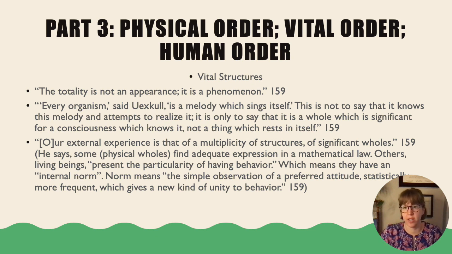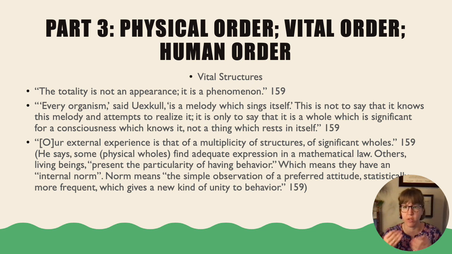So a norm, or an essence in Goldstein's terms, does not need to be this soul, this essence in a metaphysical way. He explicitly says he's not here to establish a metaphysics. It's just the word that he wants to use to describe patterns of behavior that we notice that are statistically more frequent.